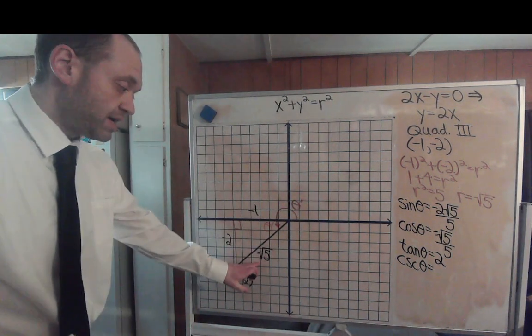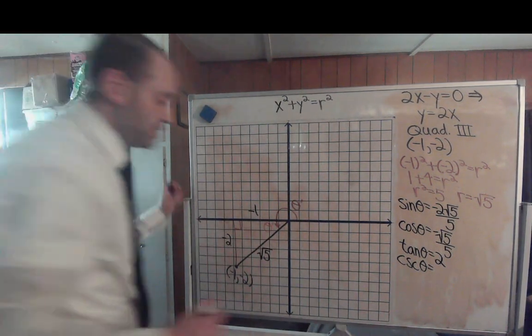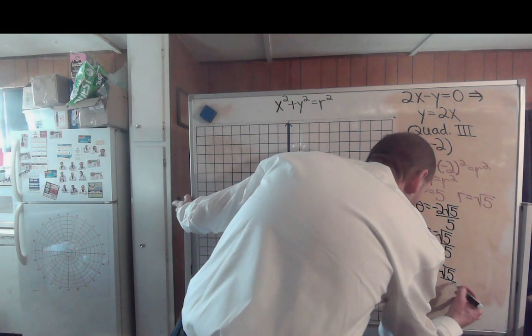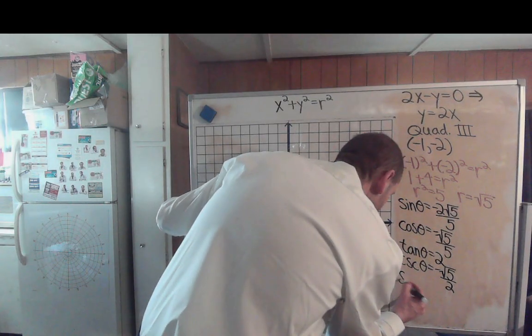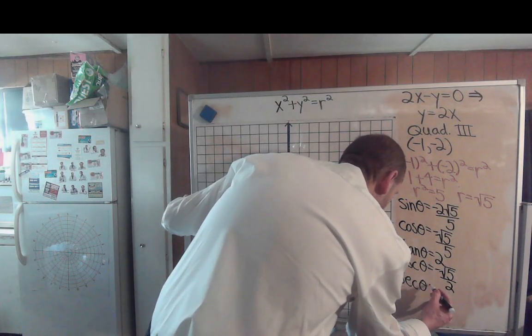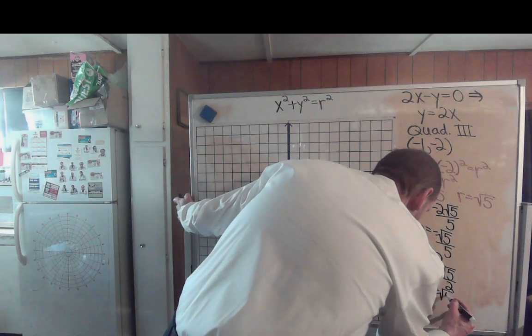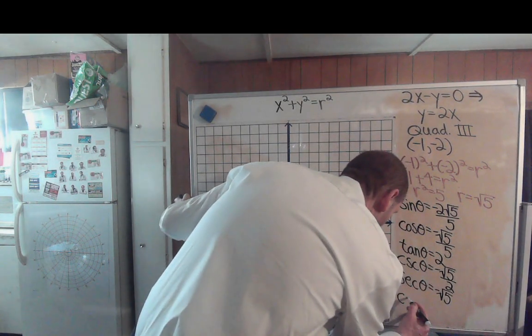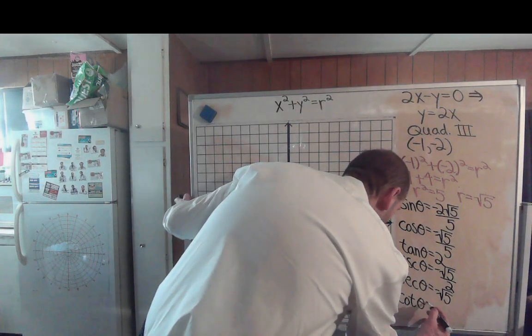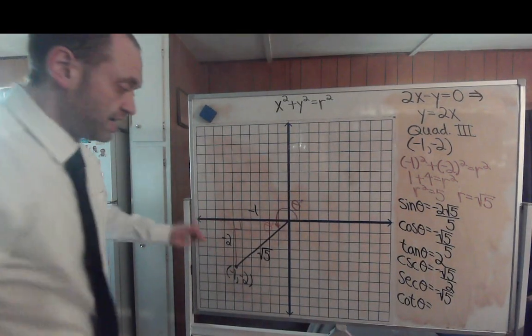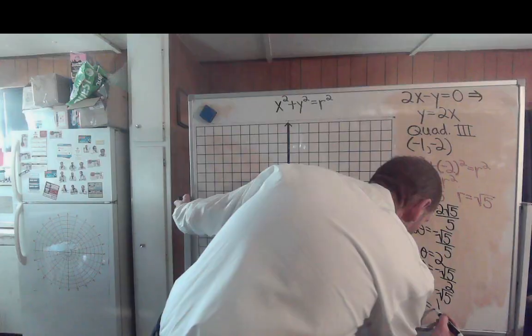Cosecant is hypotenuse over opposite, which would give you negative square root of 5 over 2. The secant of theta equals the hypotenuse over adjacent, so you would just get the negative square root of 5. Then let's find the cotangent of theta. That is adjacent over opposite, so -1 over -2 is positive 1/2.